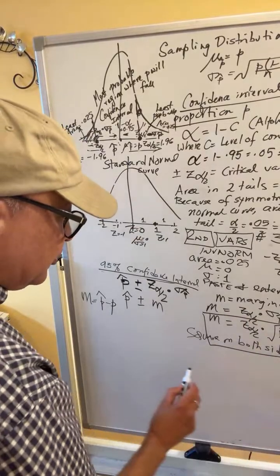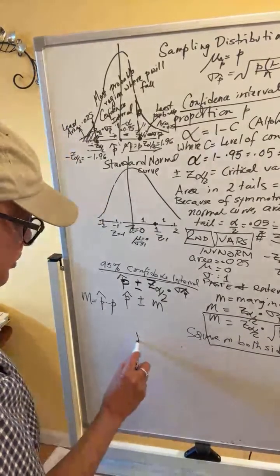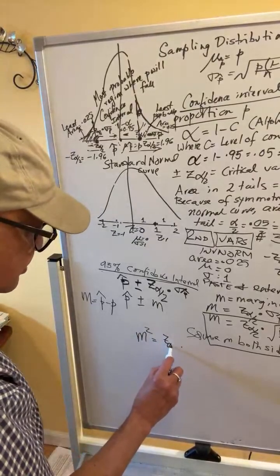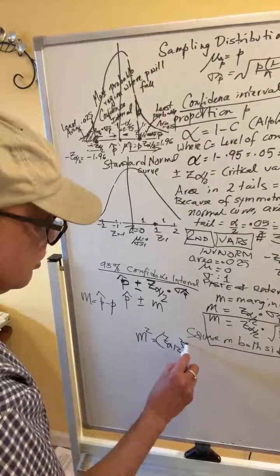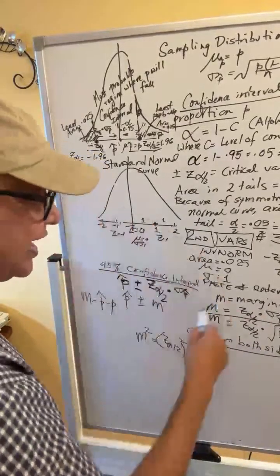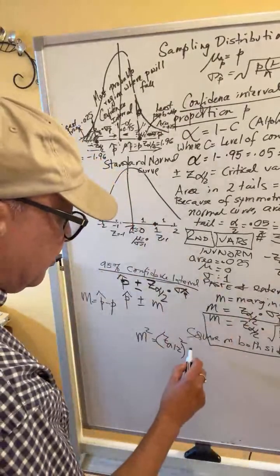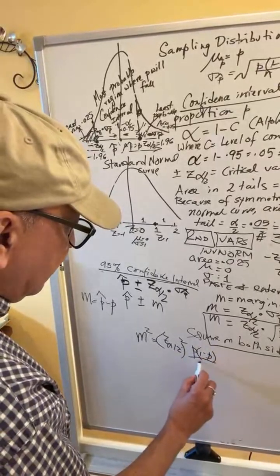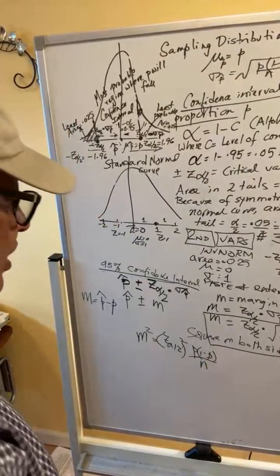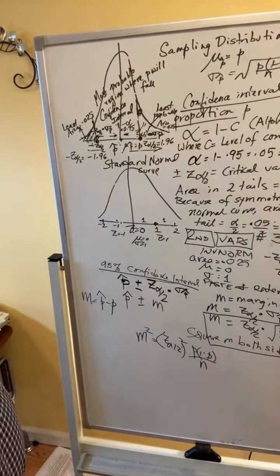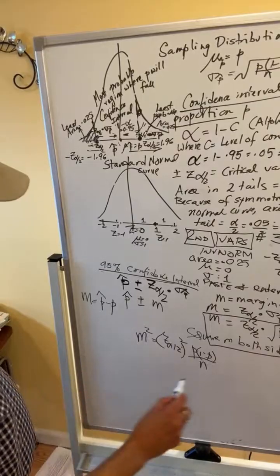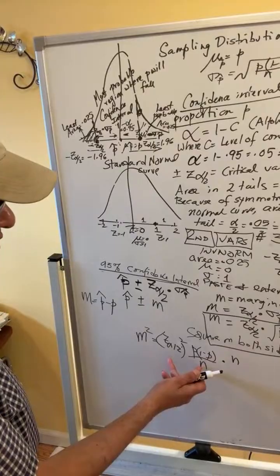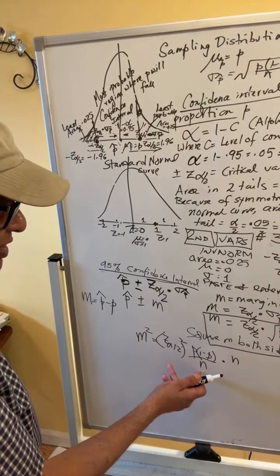So squaring on both sides, we get m square is equal to z alpha by 2 square times p times 1 minus p over n. As I told you, by squaring the square root, we eliminate the square root. My goal is to solve for the sample size n. So multiply by n. Why multiply by n? Because this is division by n, in the denominator.